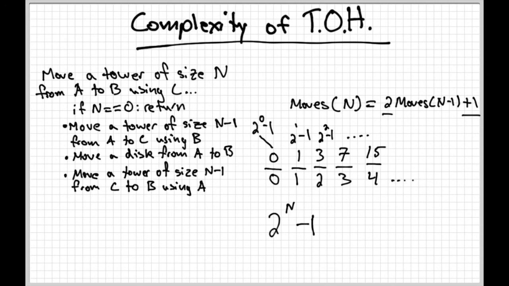And that's why even just a tower of modest size, 10 or 15, takes quite a few moves to solve. If we're trying to express this in terms of big O, of course, we just drop off that little 1 and we end up with big O of 2 to the n, or in other words, an exponentially growing problem. So the complexity of this is exponential.